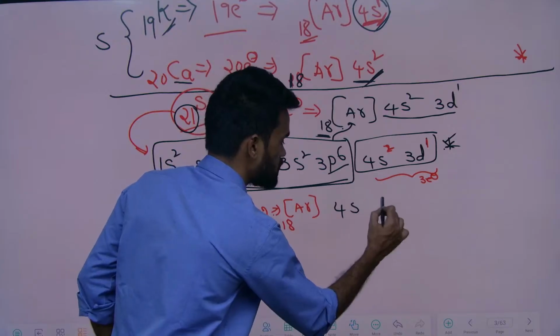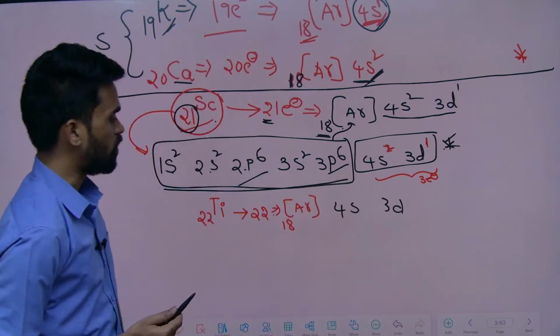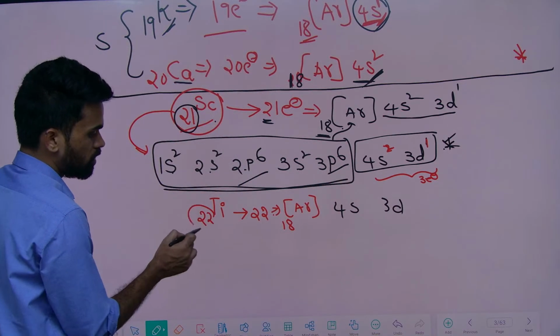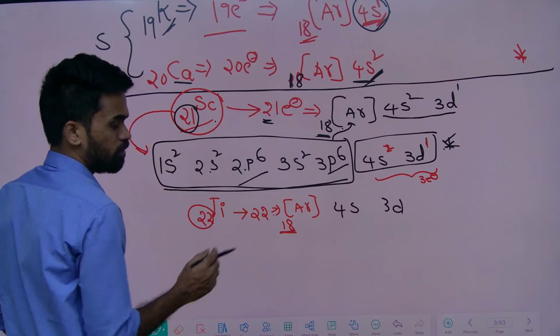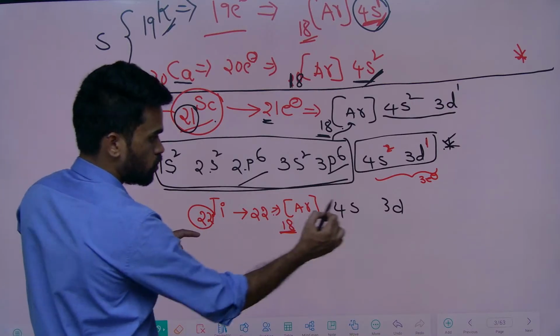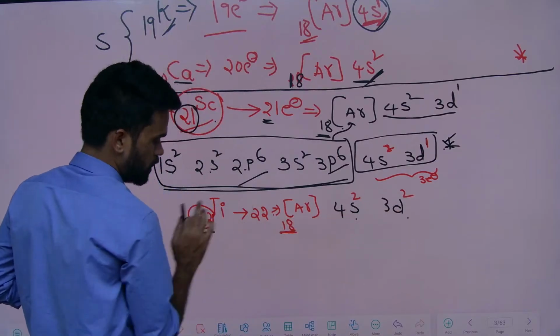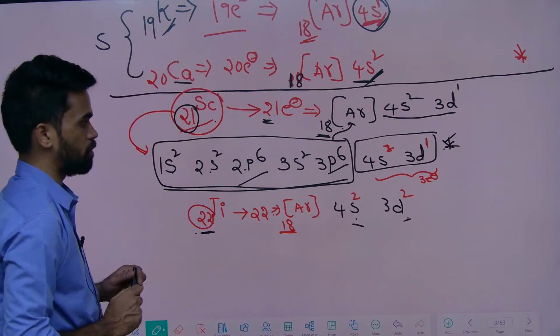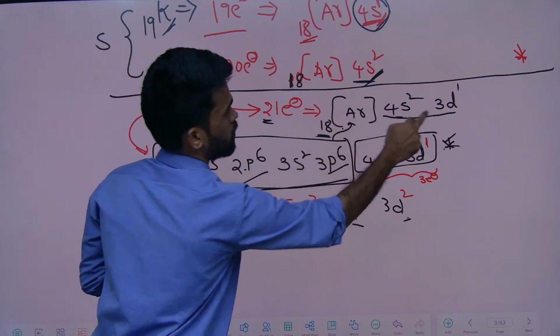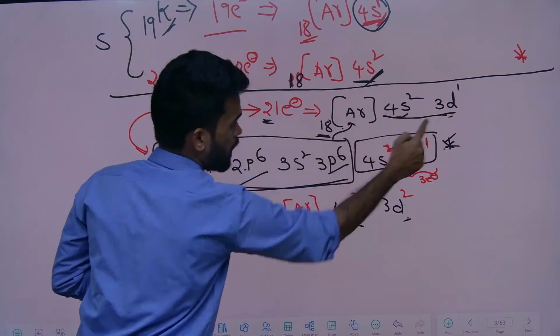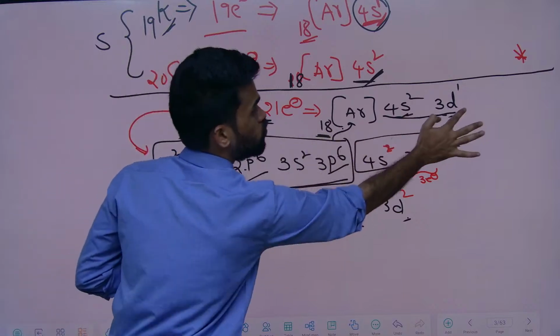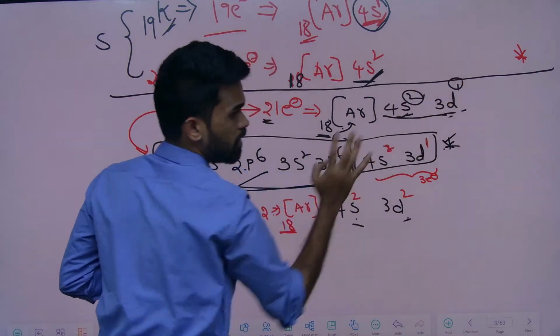One is 4s, the other 3d. Out of 22, 18 is over, remaining 4. So 2 here and 2 here. So 22, 2, 2. Like that you can remember. See 21, 2, 1. Like that you can understand.